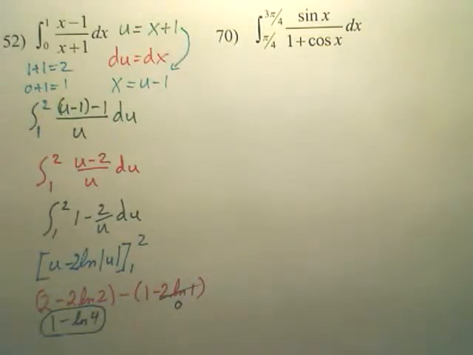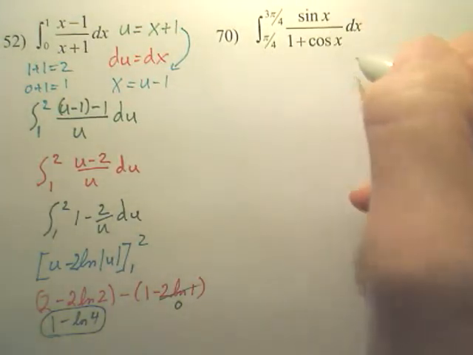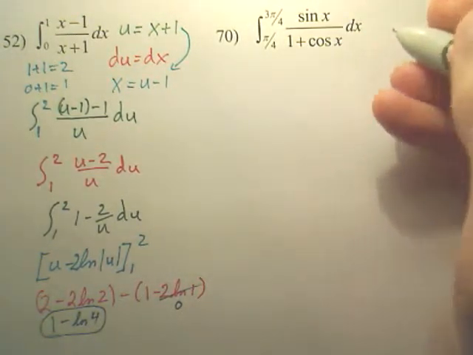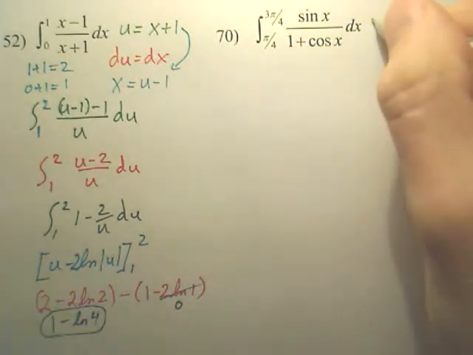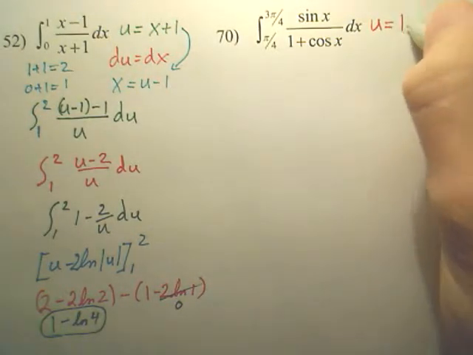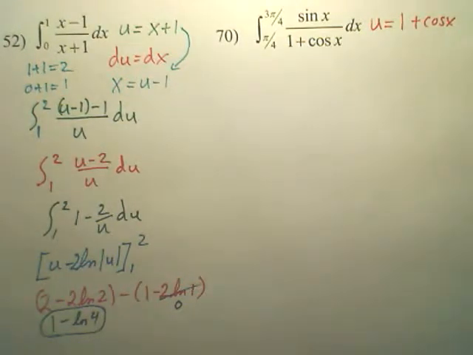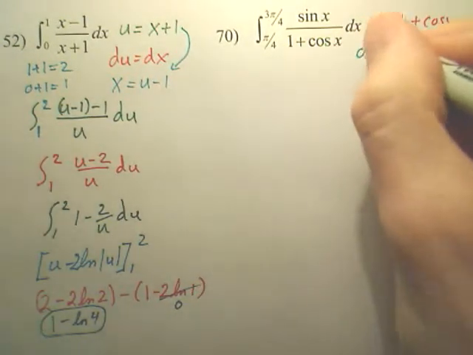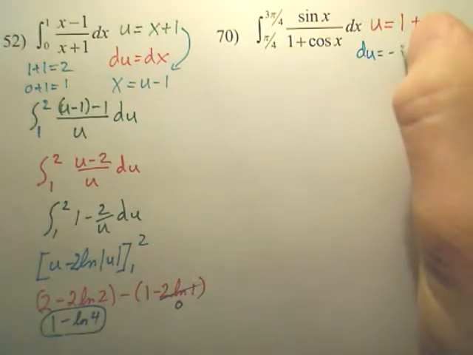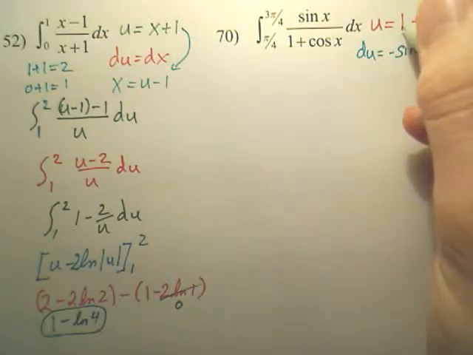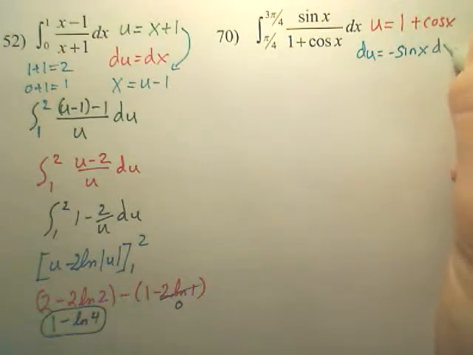All right, the next one. To do number 70 here, I want to integrate this definite integral. So again, find a u, and I spot my bottom as a good u, because when I derive my bottom, I actually am going to get my top. du is going to be negative sine x dx, because the derivative of 1 is 0.